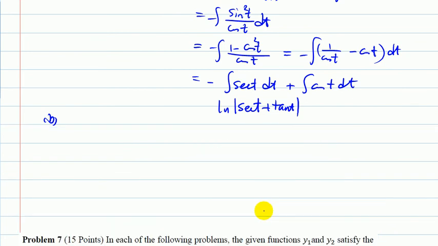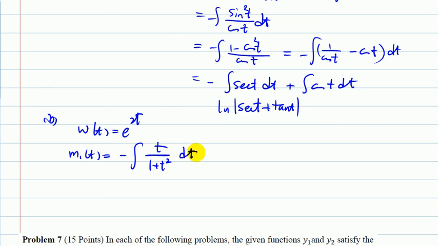For part B, you're going to see your Wronskian is e to the power 2t, and your M1 of t turns out to be an integral of this. I write it here, but you have to give the procedure for how this integration is arrived at. To integrate this one, you can use a substitution rule essentially.